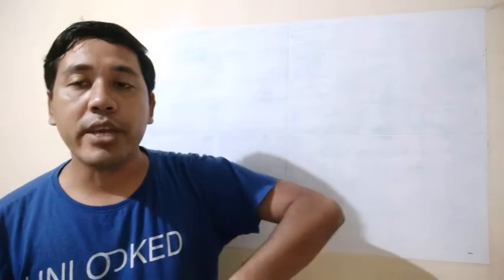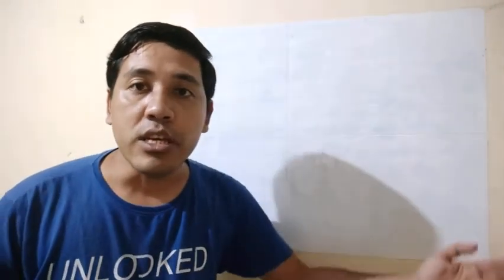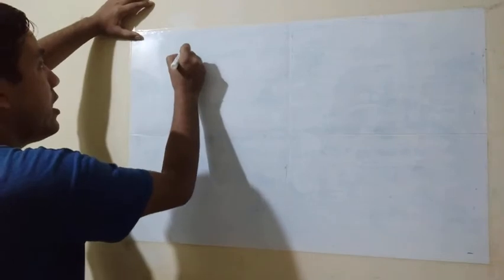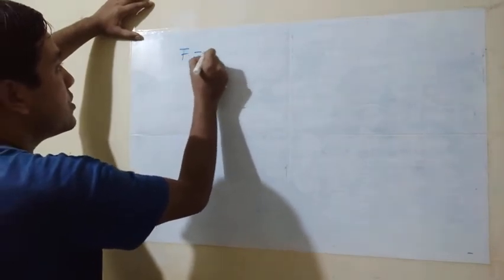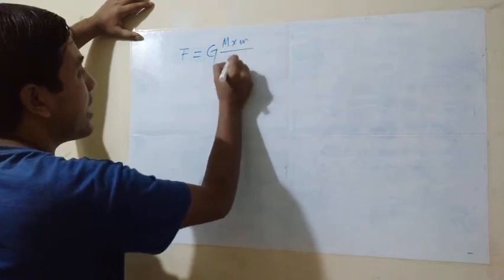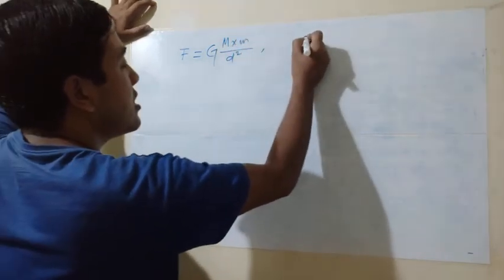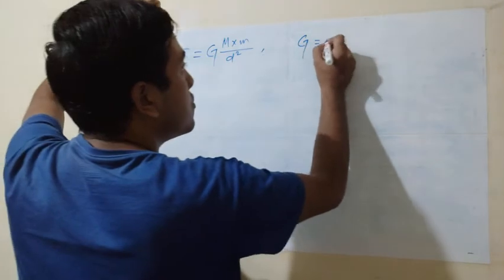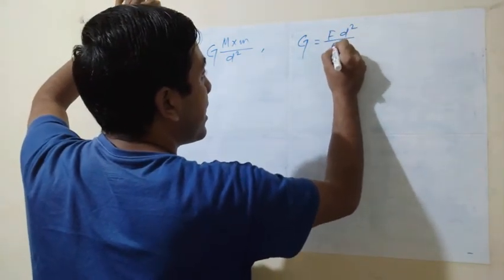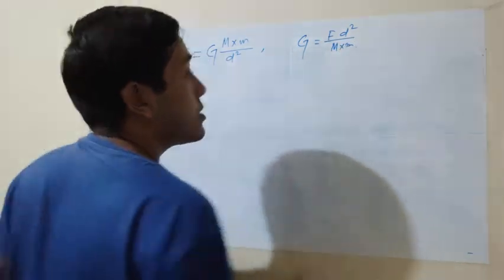In this video, the main part is free fall. That means we can calculate the value of the gravitational force of the earth, right? Yesterday I already explained that force is equal to G m1 m2 by d square, and this G is equal to F d square by m1 m2.